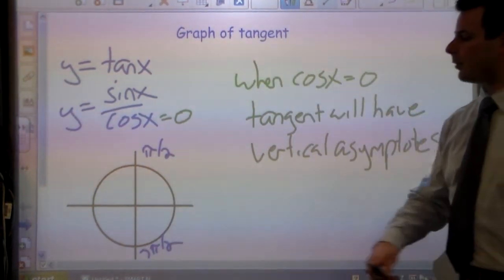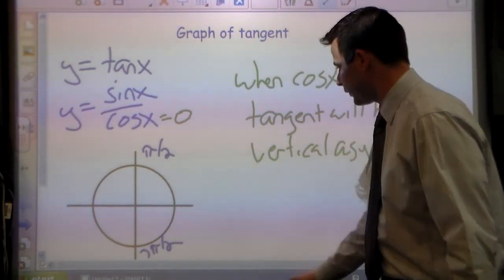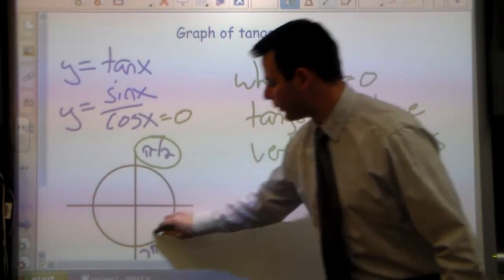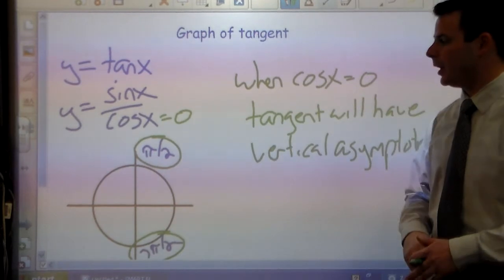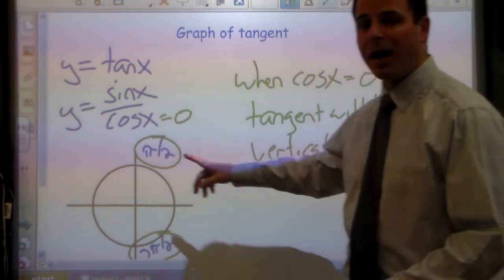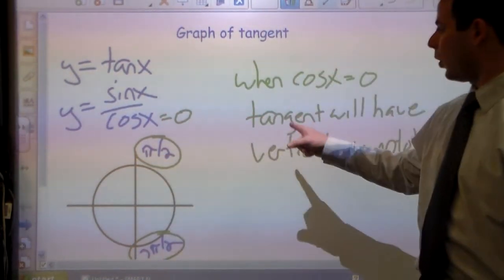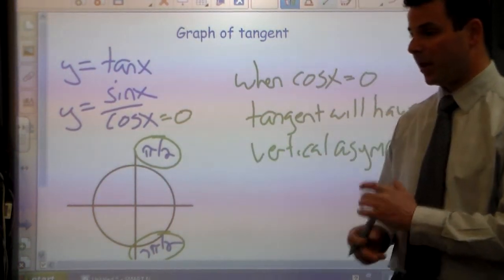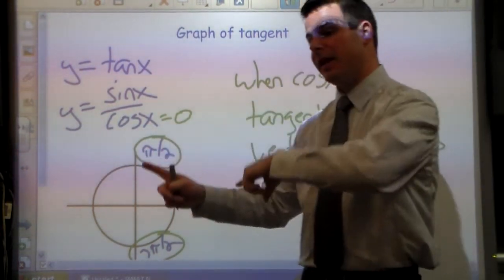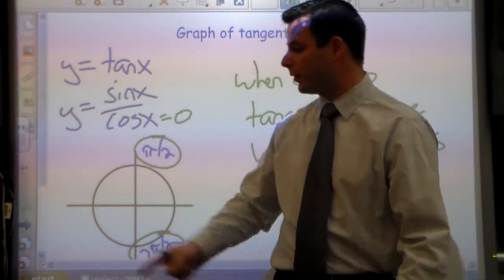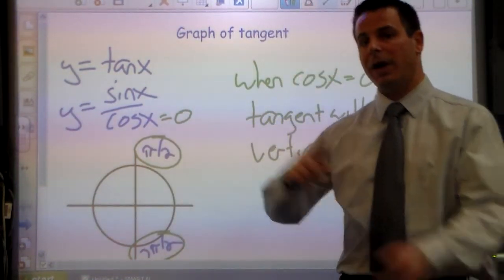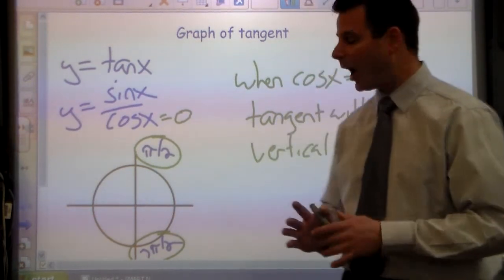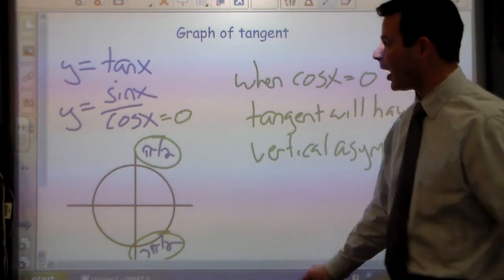So from 0 to 2 pi, we're going to have vertical asymptotes at pi over 2 and 3 pi over 2. In fact, at every odd multiple of pi over 2, cosine is 0. So pi over 2, 3 pi over 2, 5 pi over 2, 7 pi over 2, 9 pi over 2, and in the negative direction, negative pi over 2, negative 3 pi over 2, negative 5 pi over 2. So the odd multiples of pi over 2.